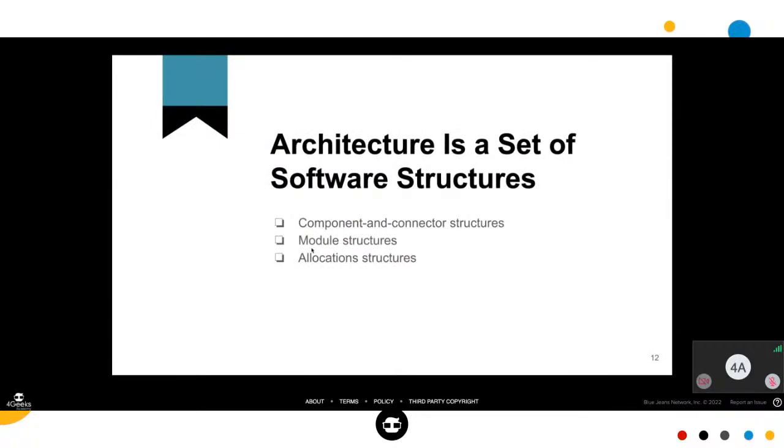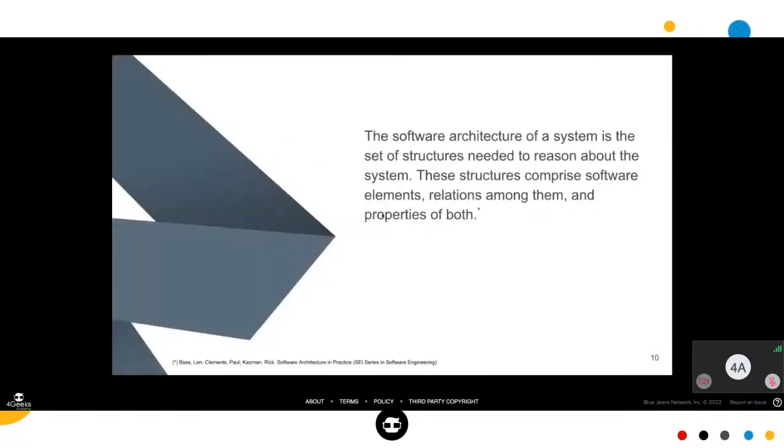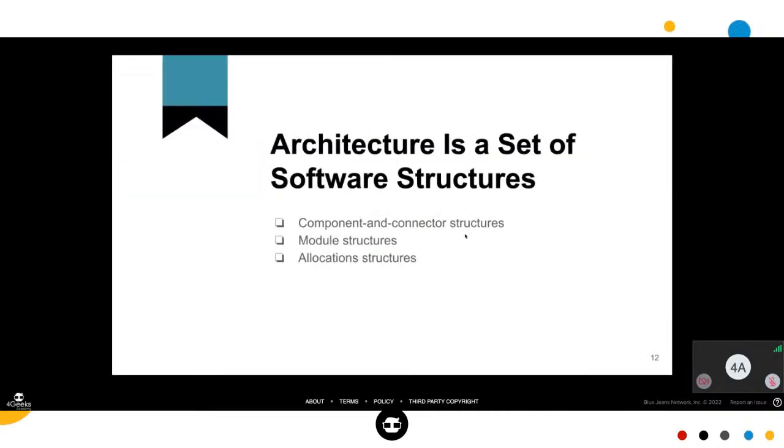Recently in the definition, we said that the software architecture of a system is the set of structures needed to reason about the system. Set of structures, perfect. Here we have again the same: architecture is a set of software structures. And how are these software structures defined or divided?